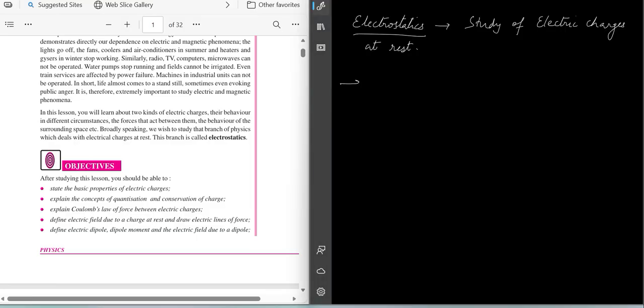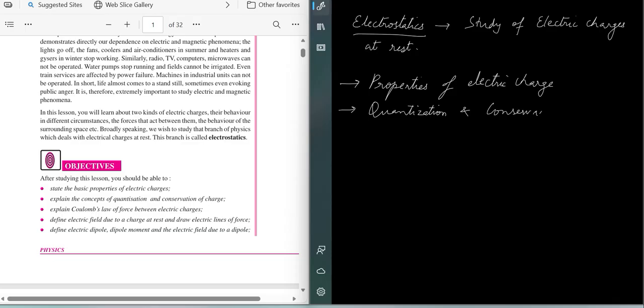First, we will understand the basic properties of electric charge. Then we will go on to the concepts of quantization of electric charge and conservation of electric charge. Okay, we will learn what these concepts or principles are.